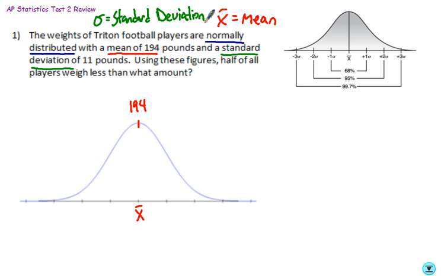So if you say a standard deviation of 11, basically you're saying you're going to count out 11 in this direction, and subtract 11 in that direction. If I wanted to know within one standard deviation, this is one standard deviation, 194 plus 11, so I get 205 there.